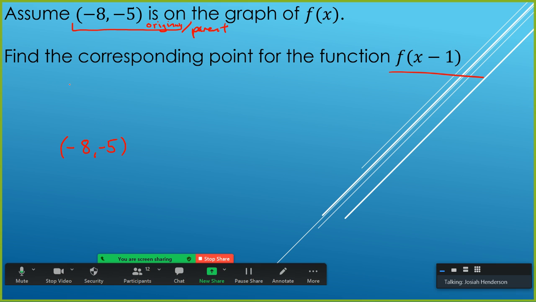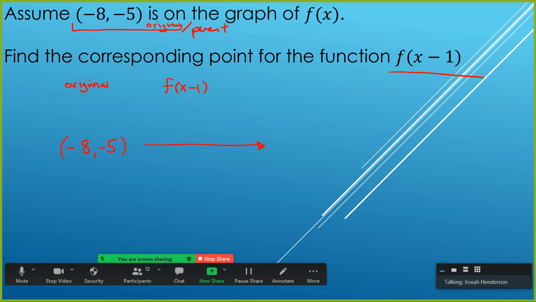So we start with the original point. You can think of this as like the original whole graph, right? But it's not even telling us what f of x is. We don't know what kind of shape this is, but it doesn't really matter because we know that this point, negative 8, negative 5, is on it. Then we're going to do a translation. And what's the translation? It's f of x minus 1.